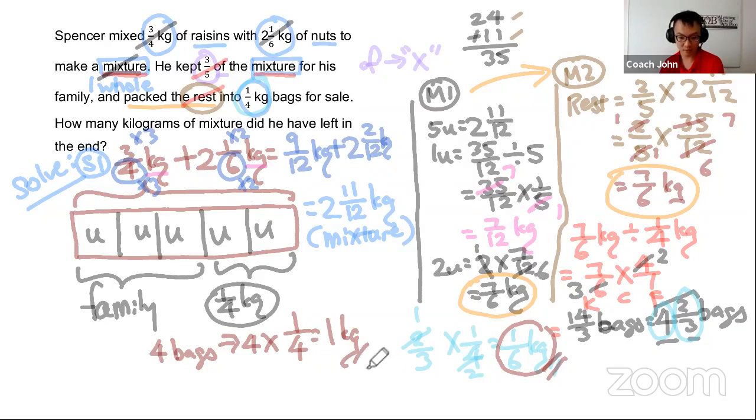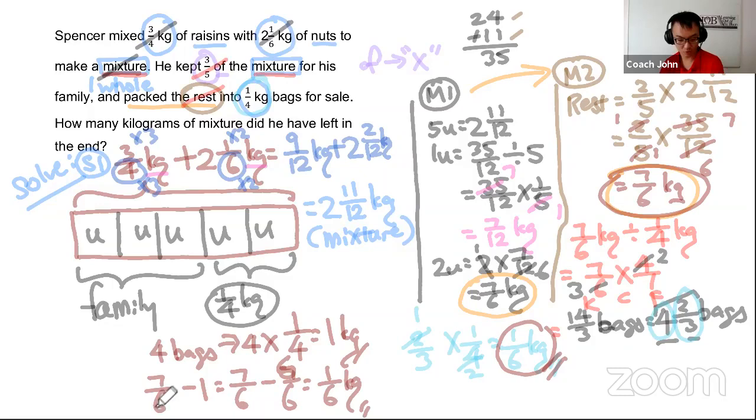Then the remainder is this one, right? So we just take 7/6 minus 1. So it's actually 7/6 minus 6/6, which is 1/6 kg left. So this is the same answer as 1/6 kg.